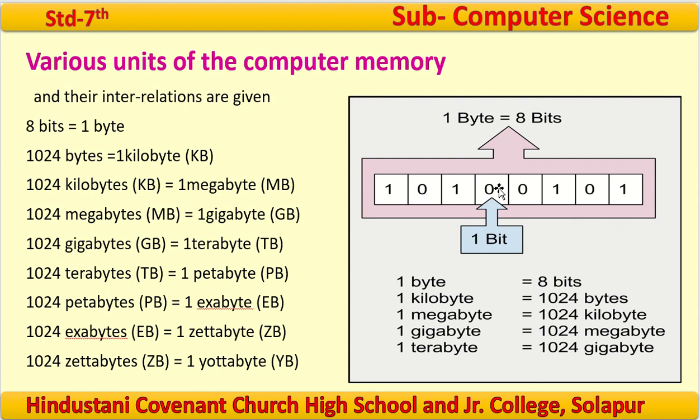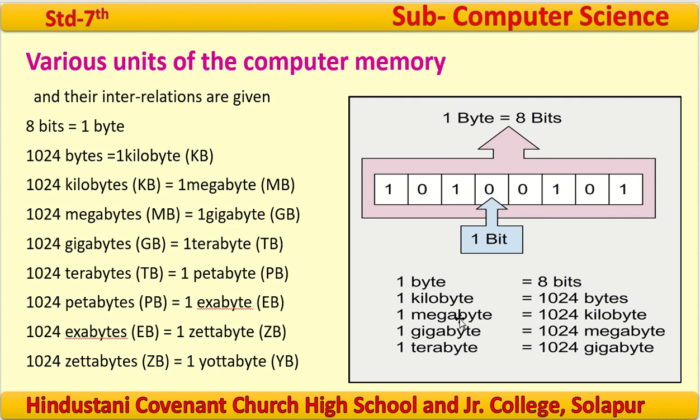This is 1 bit, 1 bit, 1 bit. And so if I calculate, I have a collection of 8 bits: 1, 2, 3, 4, 5, 6, 7, 8. I have a collection of 8 bits that becomes 1 byte. Okay, now I can term the full range of numbers as 1 byte.